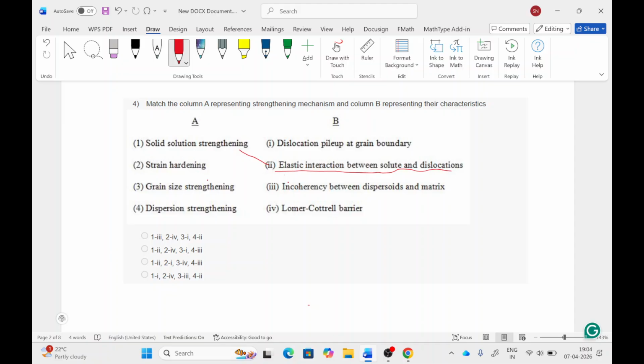In strain hardening, Lomer-Cottrell barriers are formed. Means Lomer-Cottrell barriers are formed after dislocation interaction.